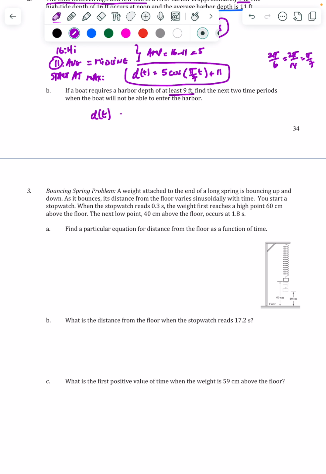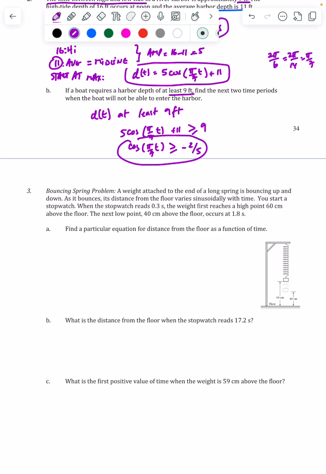You want D of t to be at least 9 feet, which means you want 5 cos of pi over 7 t plus 11 to be greater or equal to 9. Then you solve for that. So you'll get cosine of pi over 7 t. If you subtract 11 from 9, which is -2, and divide by 5, you get -2 over 5. And then you can solve for this.